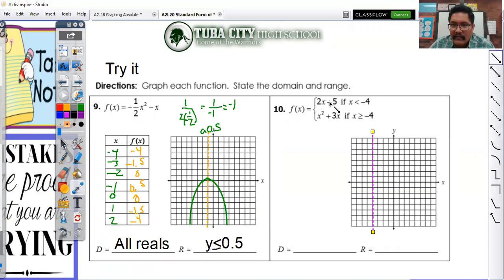Now I'm going to go ahead and graph this one here. So start with 5 here, and I'm going to go up 2/1, and do my best to go this way here. And I end up with a line that looks something like this.